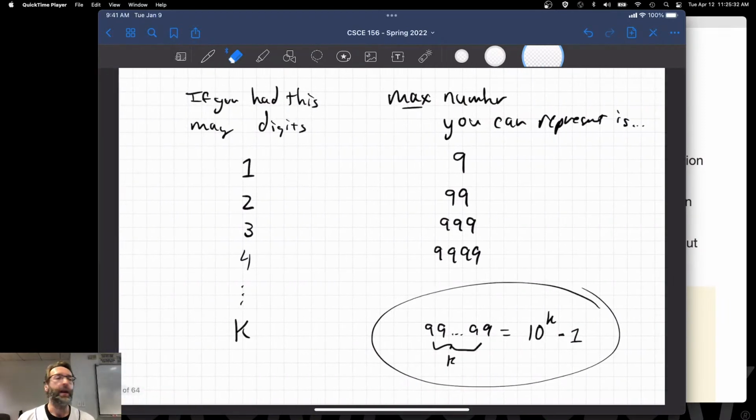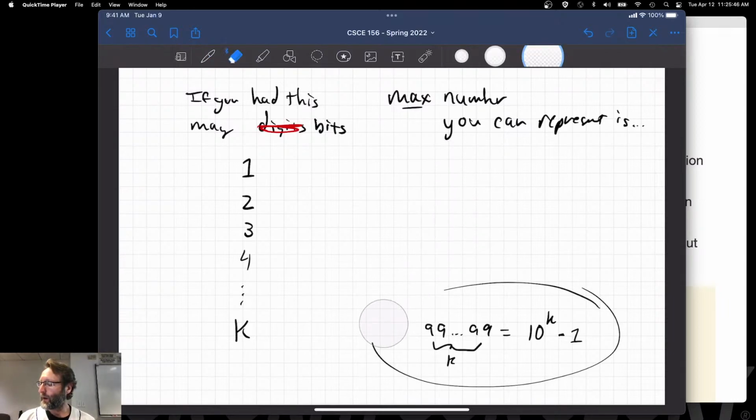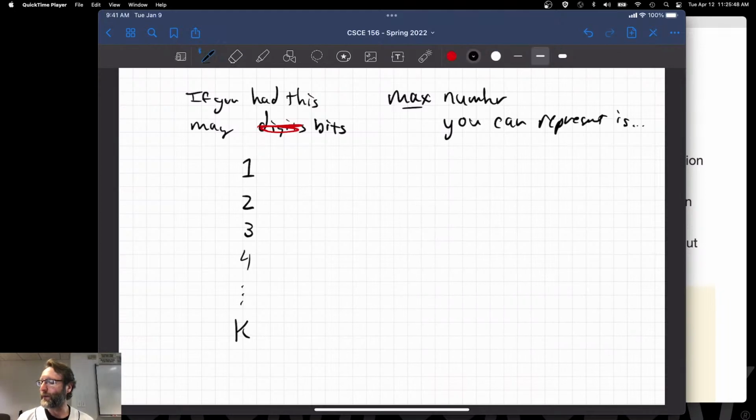Now let's go back and redo this all for, instead of digits, what if I gave you bits, okay? Now, how does the analysis change? If I gave you 1 bit, it could be 0 or 1. What is the maximum number that you can represent?